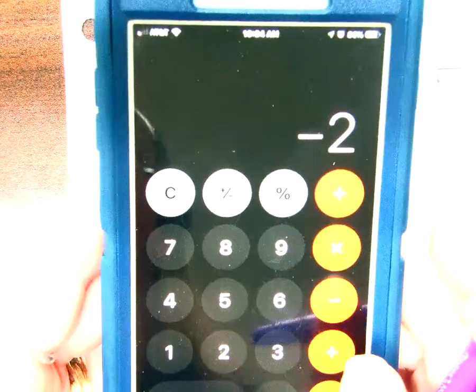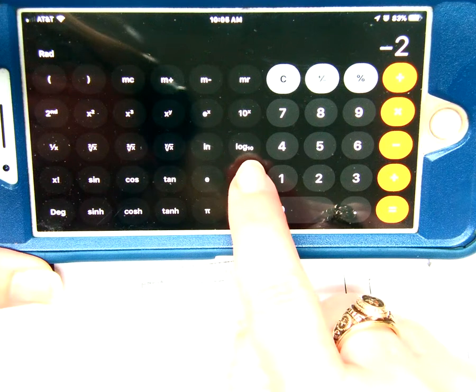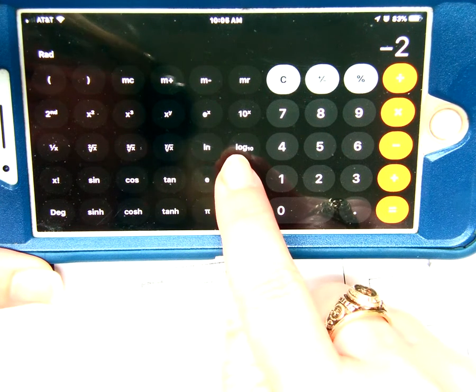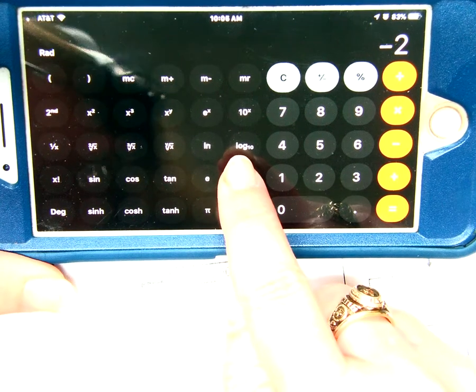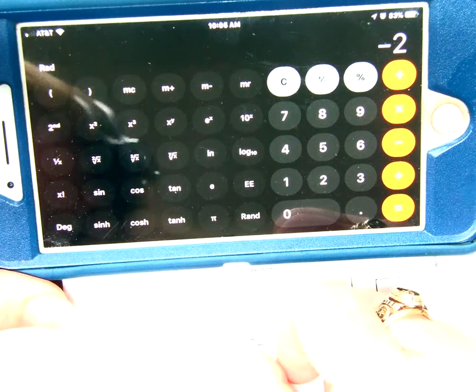We all know that we have this calculator, and if we turn it to the side, there's this other calculator, right? Look right here. Log base 10 and natural log. They're both here. But log base 2 is not here. Log base 12 is not here. Log base 6 is not here.